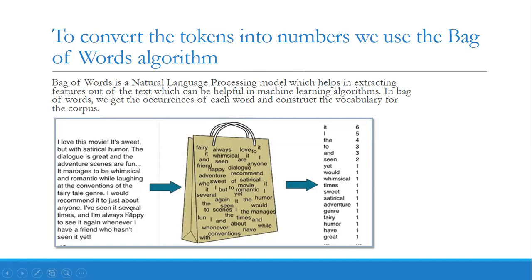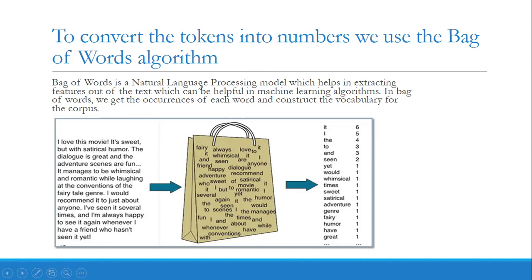You can see in this picture that this is the whole corpus, which by using the bag of words algorithm is divided into tokens, and finally after applying this process, at the end you can see how many times each word appears. That is called the term frequency. We will see about this in detail in our bag of words algorithm.